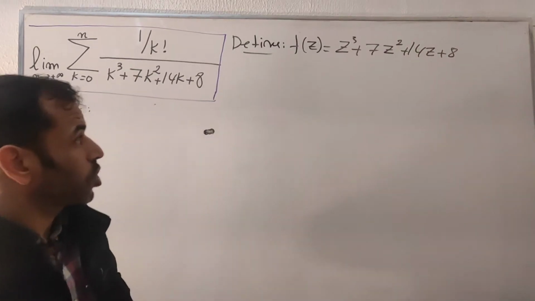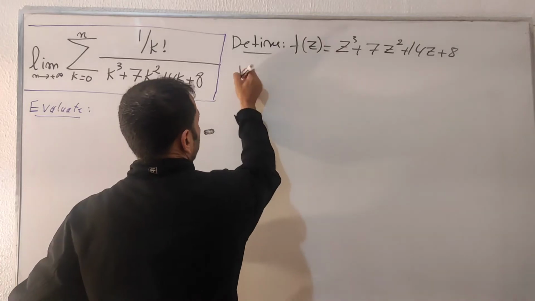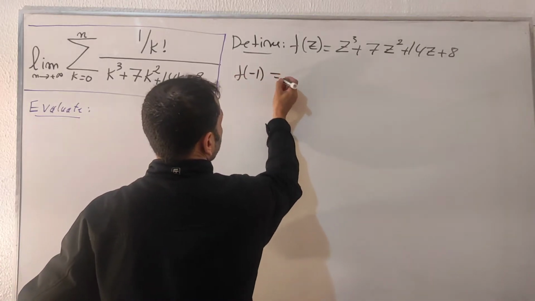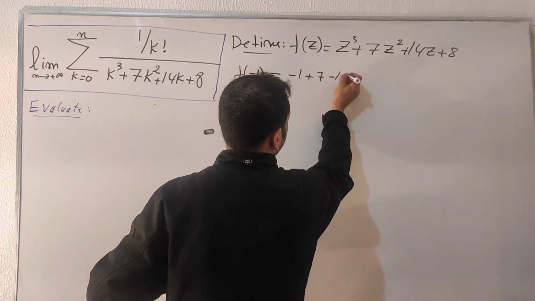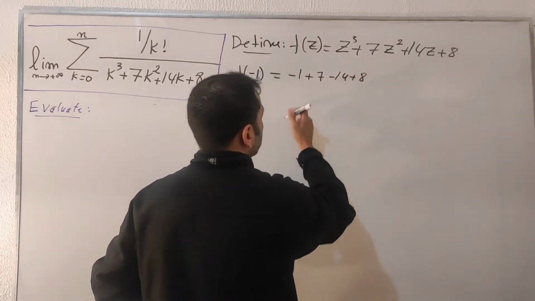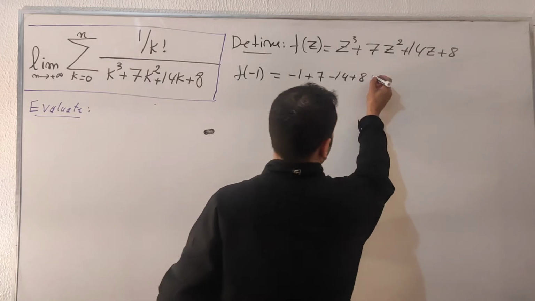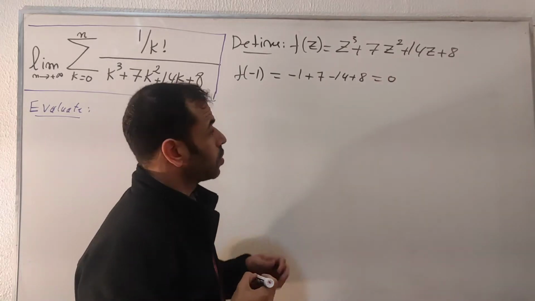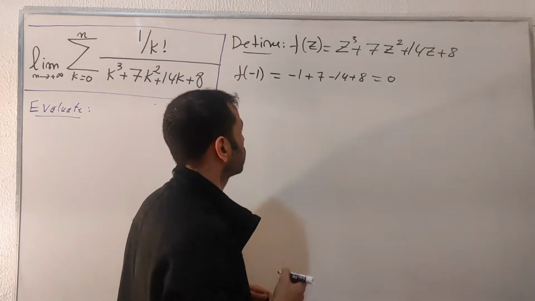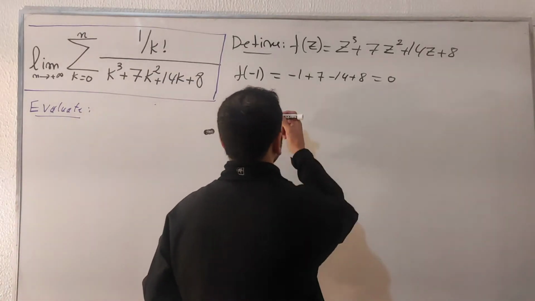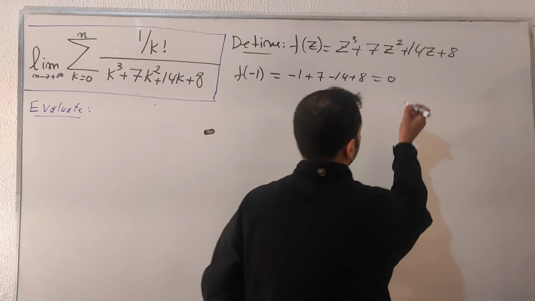By guessing and checking, if you calculate f of minus 1, which gives us minus 1 plus 7 minus 14 plus 8, this gives us 0. If you have a polynomial and you calculate the output at minus 1 and get 0, then this value is a root of the polynomial.